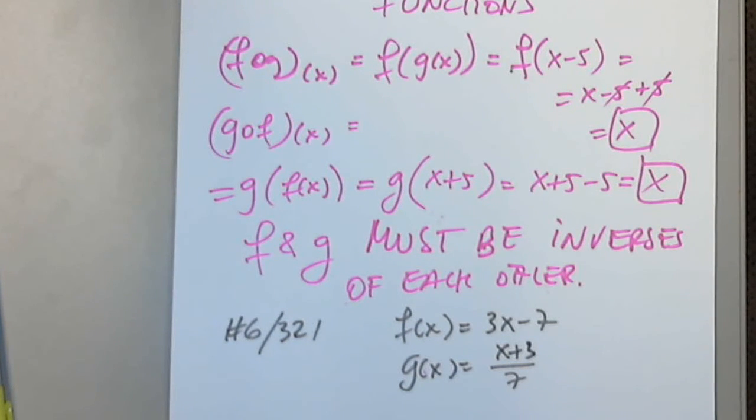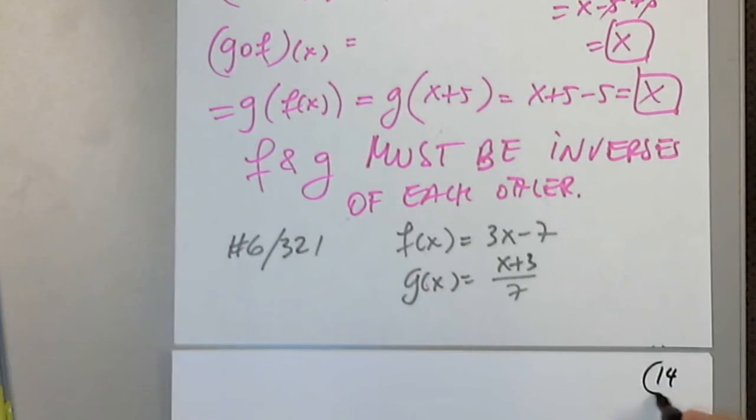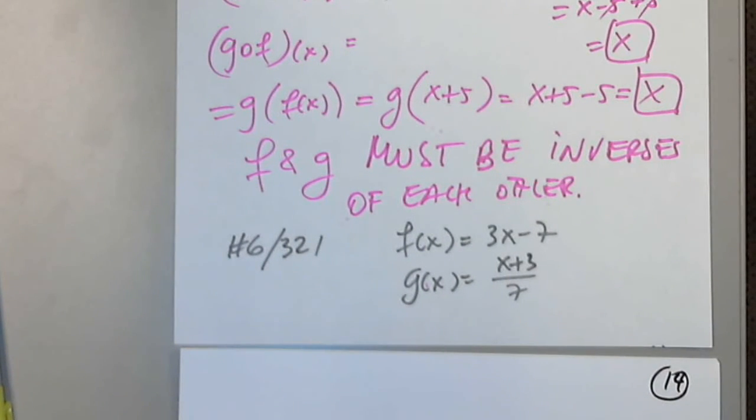What do I have to show or determine? The function composition. Yes. So I have to find, let's say, g of f of x. And what should the answer be? X. If it's not x, do I have to determine the other one? No, there is no need.